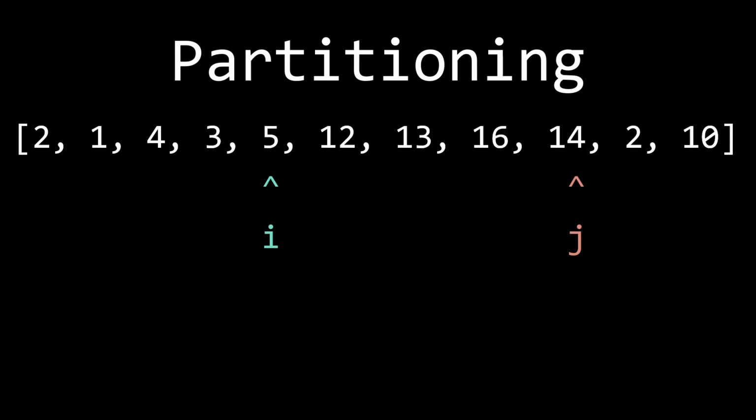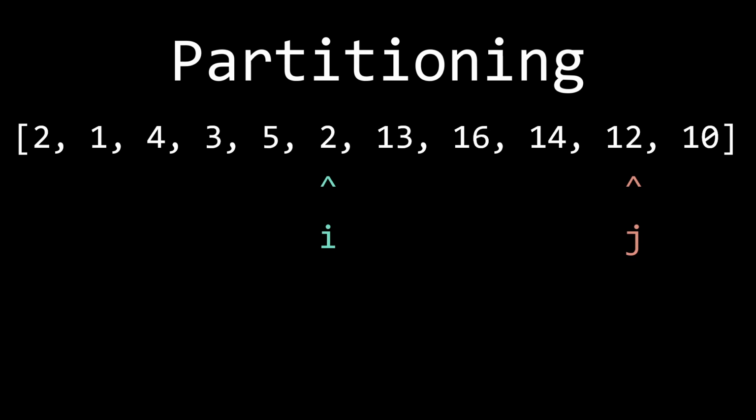All values up to I are less than the pivot, and all values between I and j are greater than or equal to the pivot. So all conditions are satisfied. Let's increment j over by 1. Once more, the conditions are not satisfied, so increment I by 1, and then swap the values at I and j.